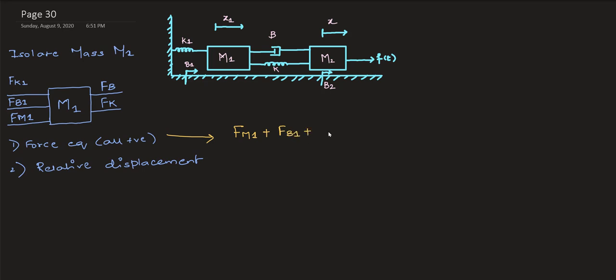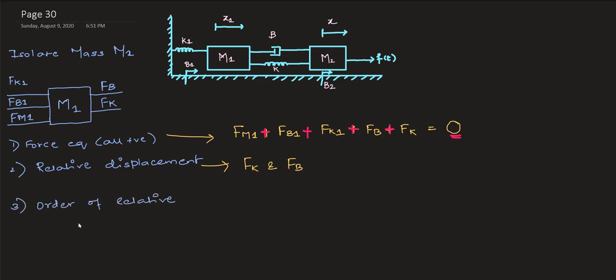Now isolating the mass m1, we get the force equation, which is given by F_m1 plus F_b1 plus F_k1 plus F_b plus F_k equal to 0. The relative displacement for k and b, because they are connected between masses m1 and m2, is going to be x1 minus x2, or in this case, just x1 minus x.